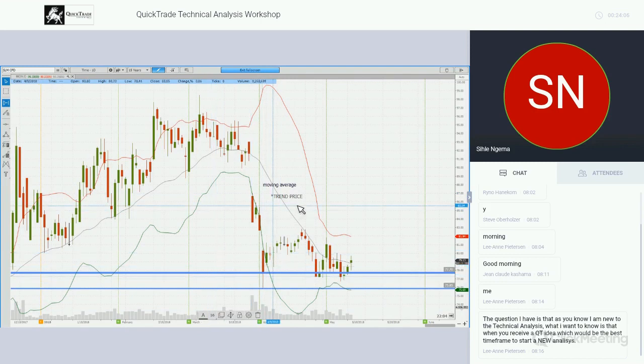The second thing that it gives us is an entry point. It is also our entry point for whether we would ideally like to buy the share or whether we would like to be selling the share itself.